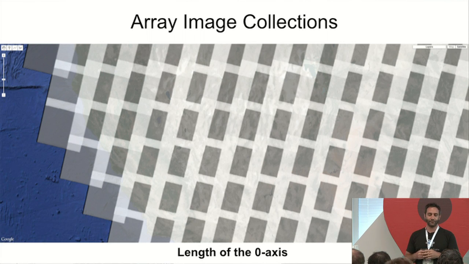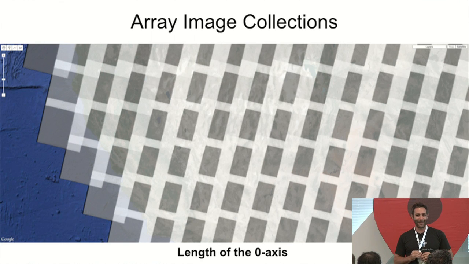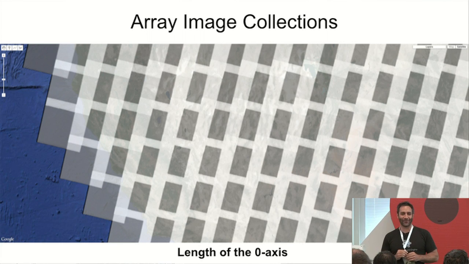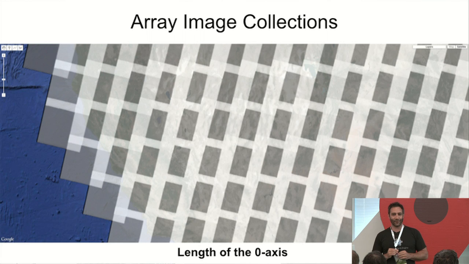Yes? Just to clarify, are there any cases where you would consider the spatial dimensions in an array, or is it only essentially time or whatever your bands are, and then the bands themselves, the image collections and then bands? No. The question was, are there situations in which the dimensions of your array are somehow based on space?